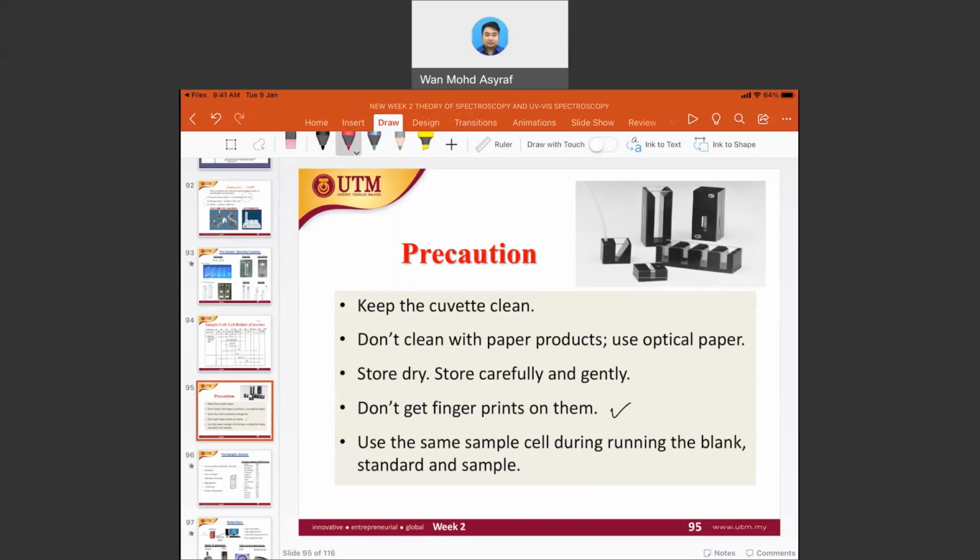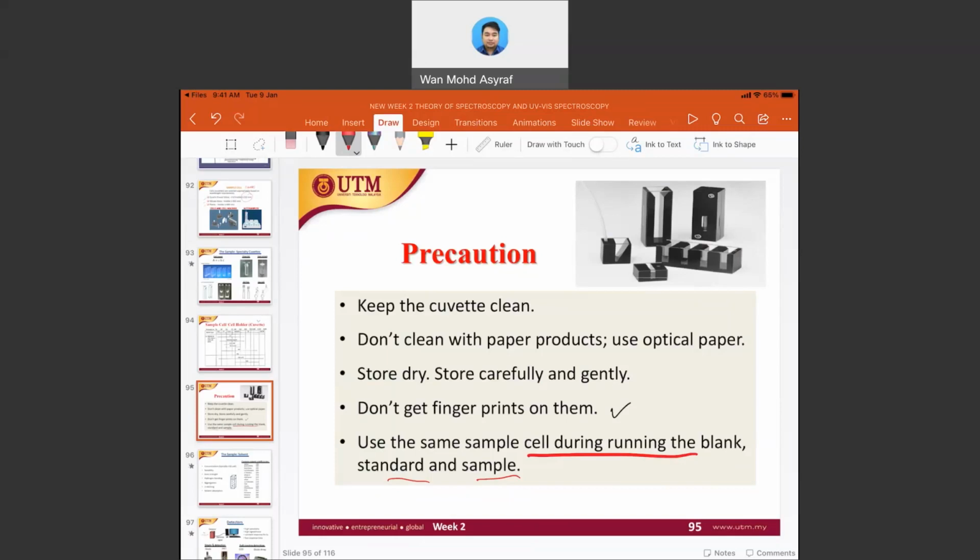Use the same sample cell when running the blank, standard, and sample. This is important as well, which is why we try to use the same ones. Even if it is not the exact same cuvette, it should be the same material, because it will have the same deviations, if it has deviations.